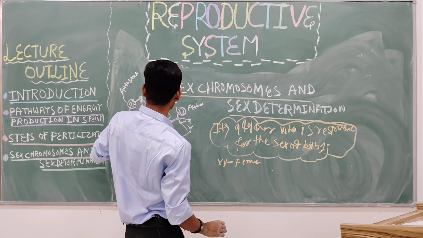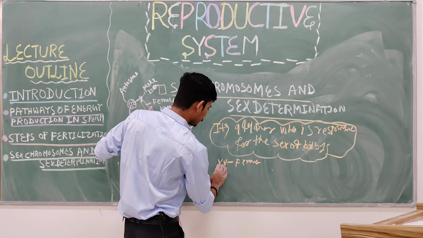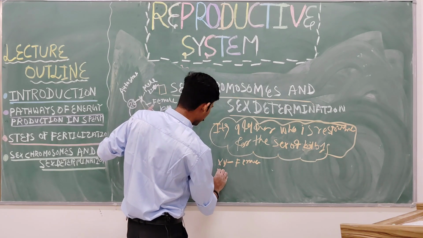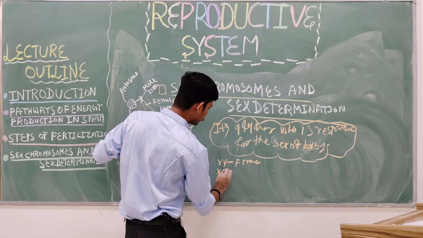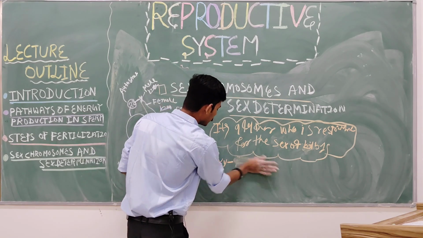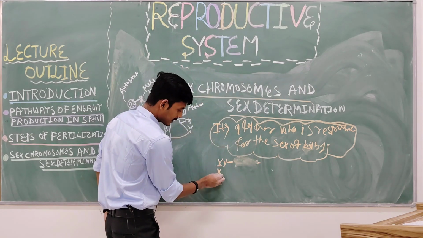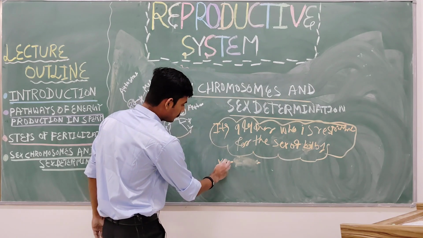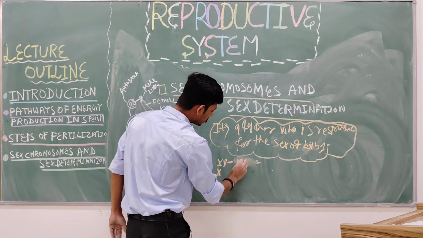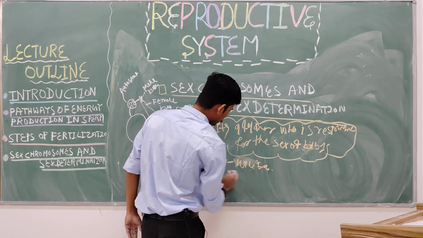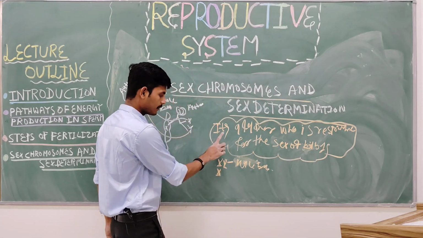The female already has X, and if the male gives Y, it results in the male baby. Y from where? From the father.